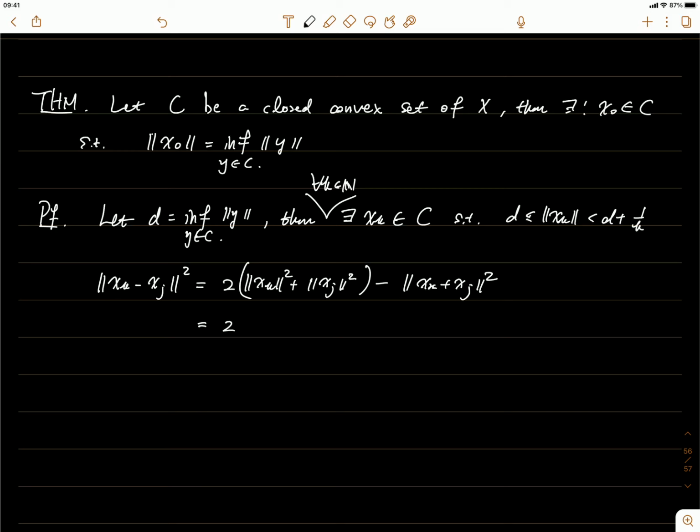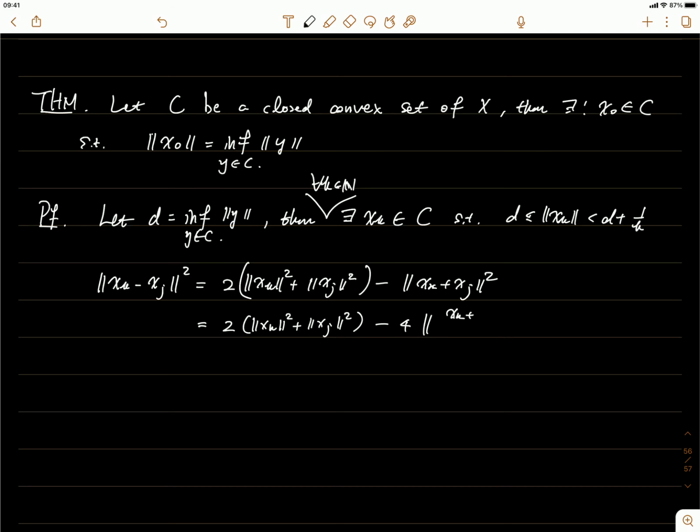And then we know that the first term is less than D plus 1 over k. Let me just keep writing this as one more thing to modify. When I multiply 2, I divide by 2 inside and I need to multiply 4 outside.